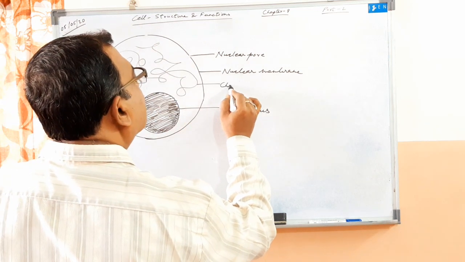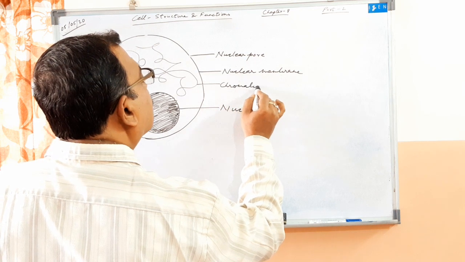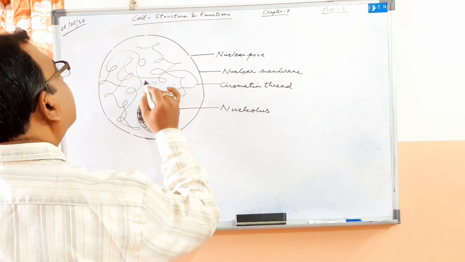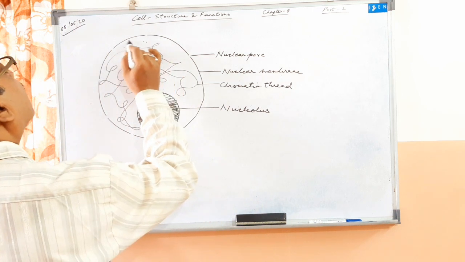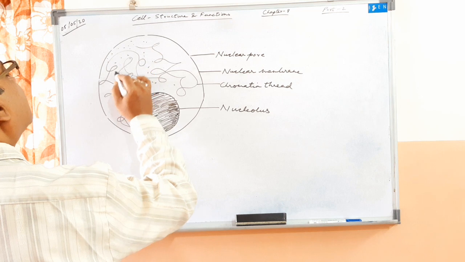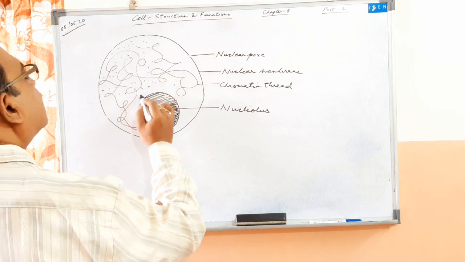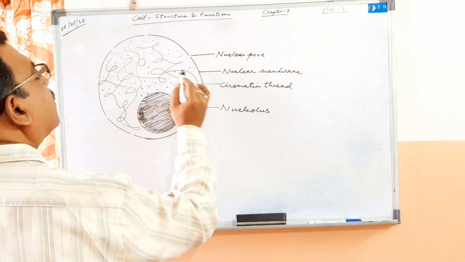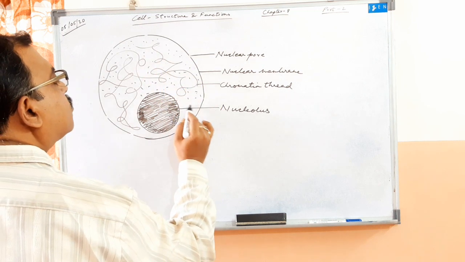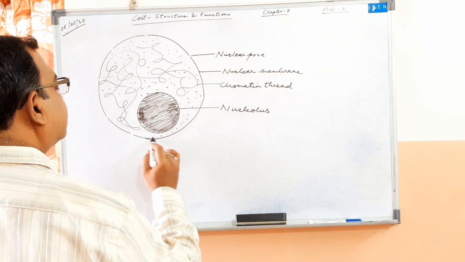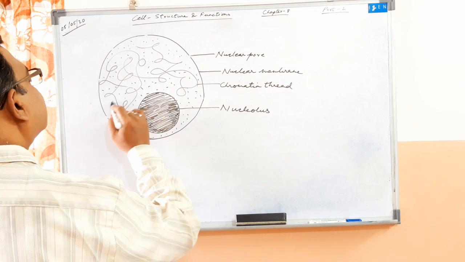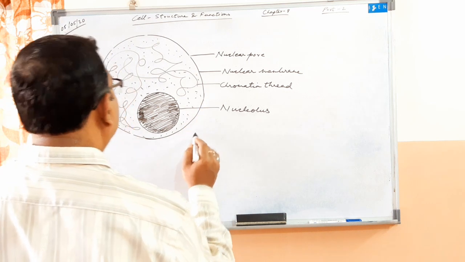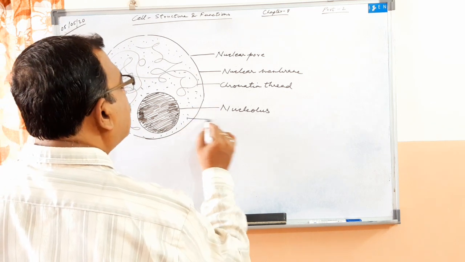This is the chromatin thread, and a matrix, a jelly-like matrix inside, which is called the nucleoplasm. This is the nucleoplasm.